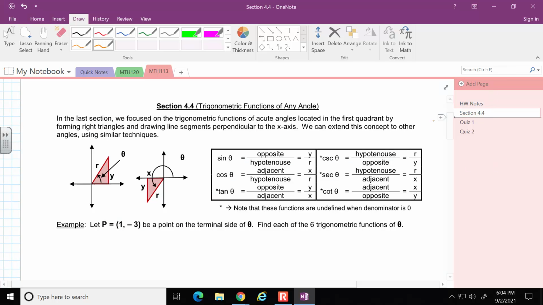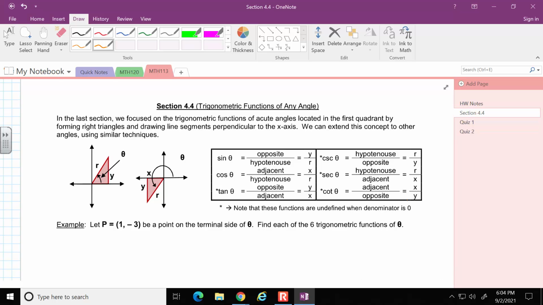4.4 is really kind of combining everything from 4.1 through 4.3 and saying, all right, I want to find trig functions, not just of these 2 or 3 special angles we've talked about and these given quadrants. Even though there's ways of doing that, this allows me to find trig functions of pretty much these angles in any quadrant. So last section we really looked at acute angles in that first quadrant.